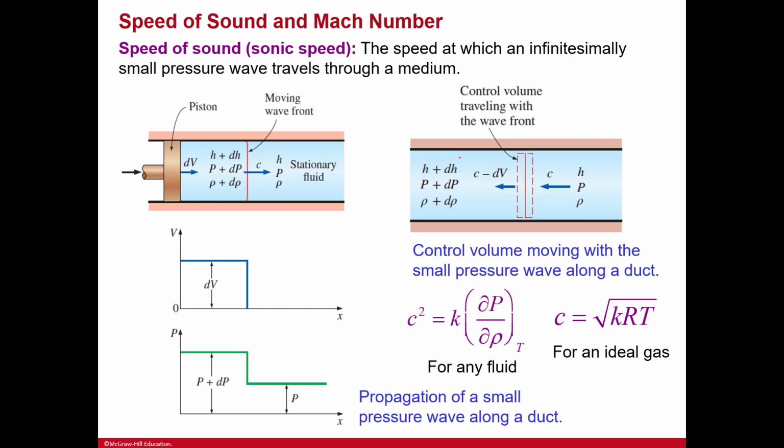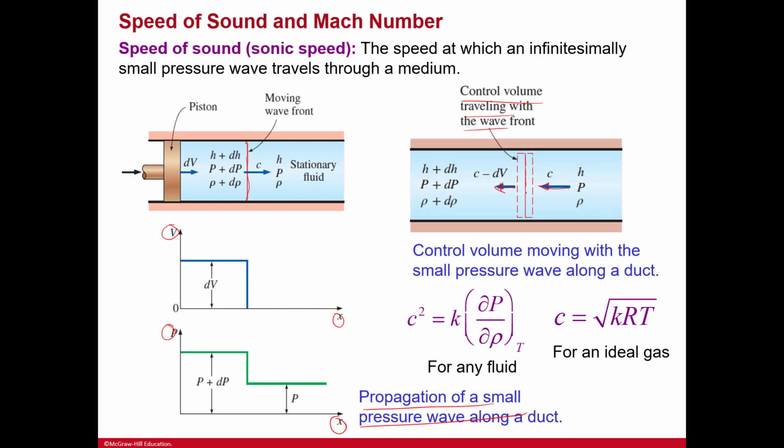It's the speed at which a very, very small pressure wave travels through a medium. Okay, and so here we have it denoted as a piston, and the wave moving forward is here, and then the stationary fluid. And you have this under volume in X and P in X. And it's the propagation of a small pressure wave along a duct here, a control volume traveling with the wavefront.